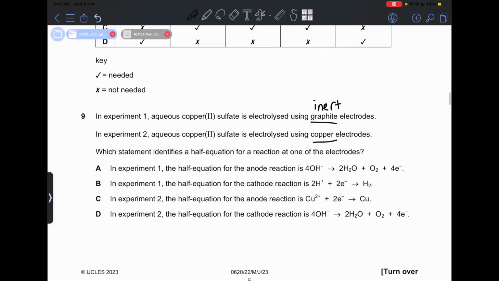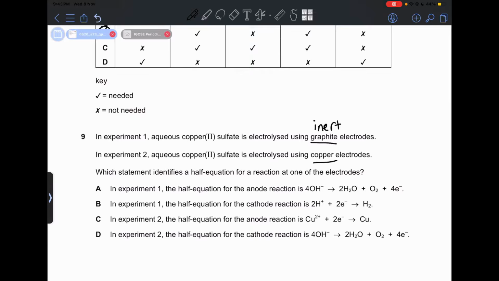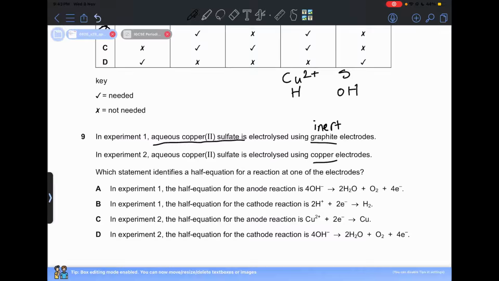So first of all, I'm going to do the electrolysis for experiment 1, which is this one. We know that first of all we have copper 2, and we have hydrogen, and also we have the sulfate, and we also have the OH, which is the hydroxide. So over here we know that the copper is less reactive than the hydrogen, so it's going to be displaced over here.